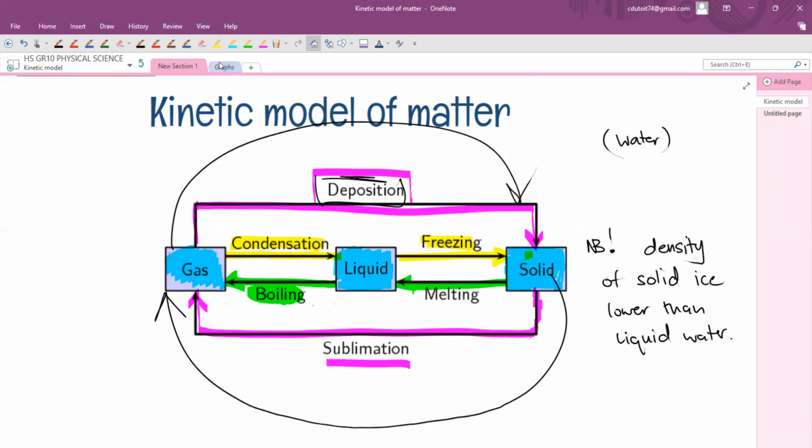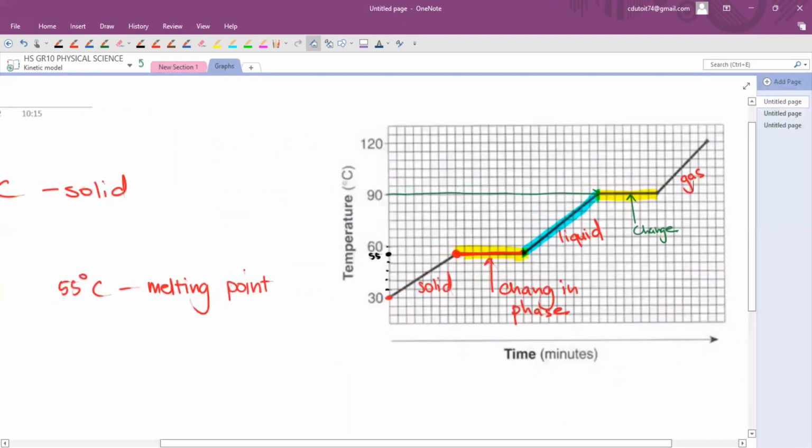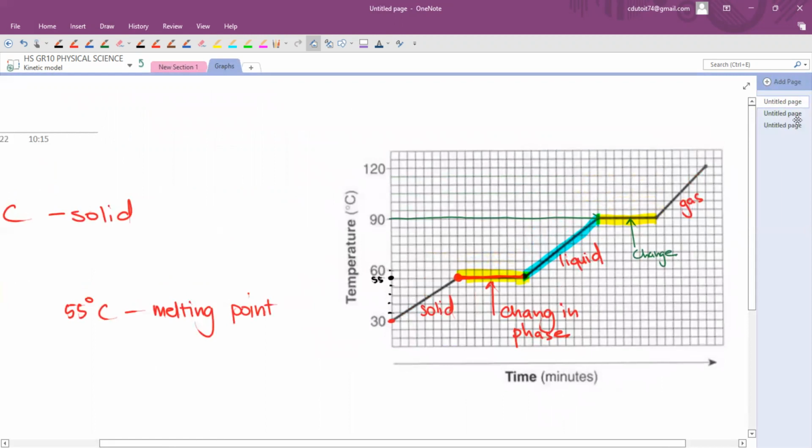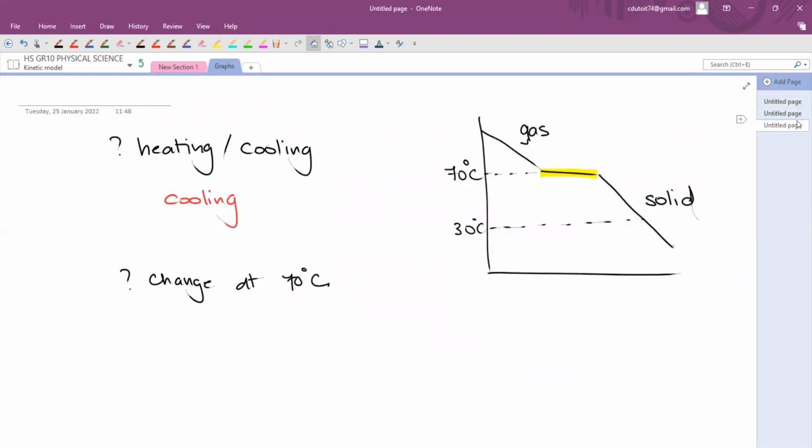Quickly go to your textbook because I want to just test that name. I think deposition is an old term. Quickly go to your textbook and you'll find those curves there, and just in front of that, they'll give you the terms. So I want to see if they still use the word deposition. This is a common word, but I just want to make sure they're still using that word.